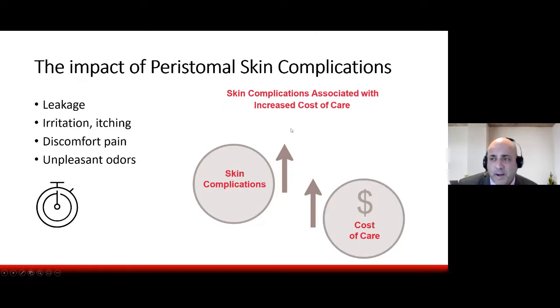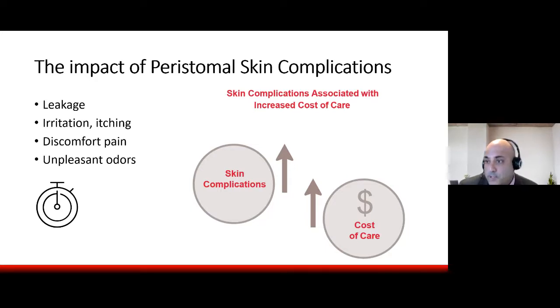So what is the impact of having these peristomal skin complications? Well, we do know that leakage is a problem because you may have to change the barrier at a higher frequency, like more often, and of course that's more costly. Just having irritation and itching is uncomfortable, and prolonged peristomal skin complications actually may affect one's quality of life, and we'll take a look at that in a couple of minutes.